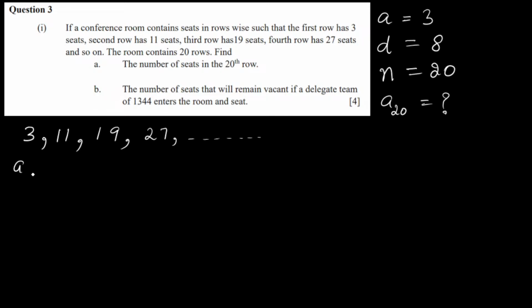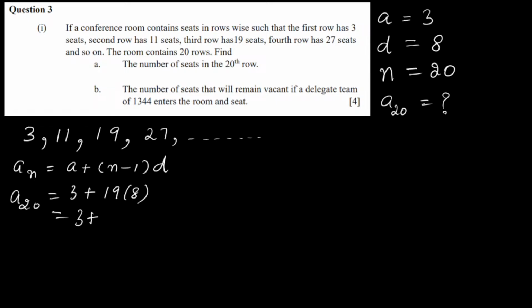So the general term formula we know: An is equal to A plus n minus 1 into D. So A20 we have to find, and n's value is 20 here. A is 3 plus 20 minus 1, which is 19, and D is 8.